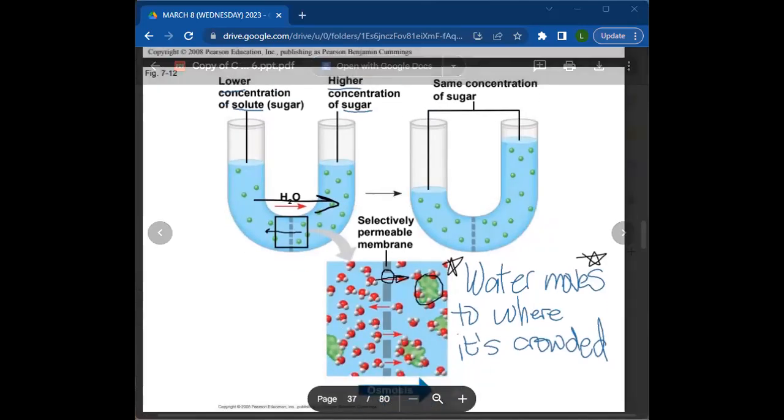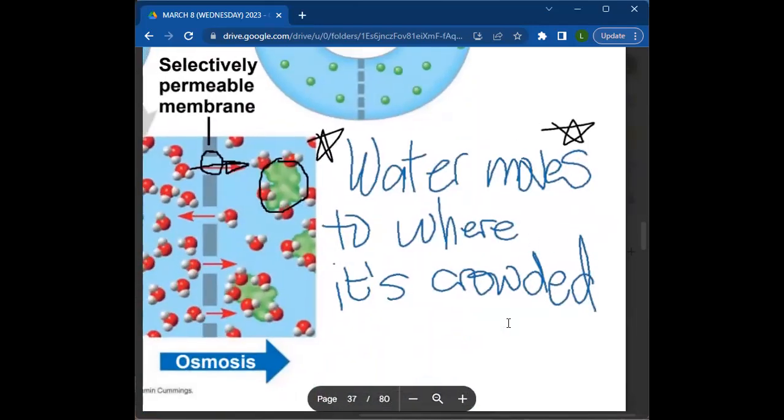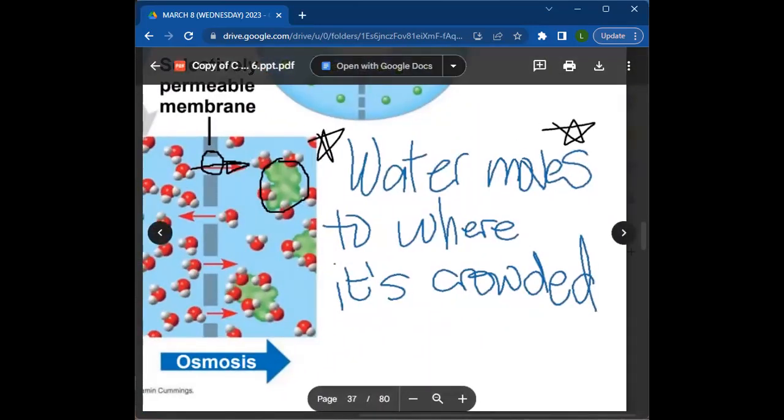The way that I used to try to remember this is that water goes to where it's more crowded. Or I also like to say water goes to the party with more people. It's going to go to whatever area has a higher concentration of solute.